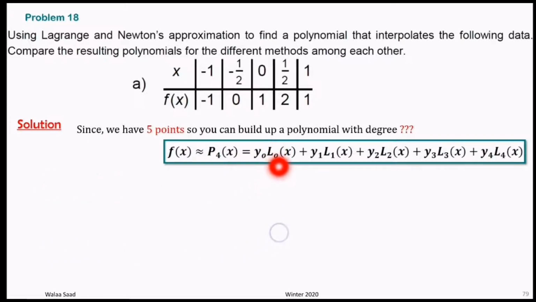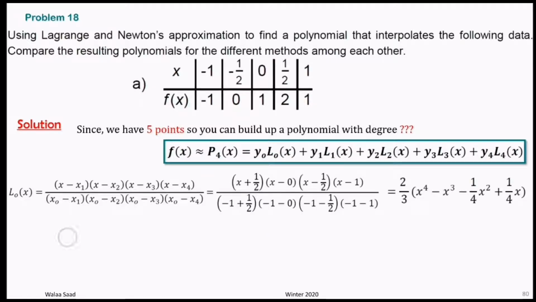So except x node, we will use x minus x1, x minus x2, x minus x3, x minus x4, and in the denominator we will use only x node and subtract all the other x values from it in the product like this, and then we substitute the x naught through x4 values, keeping the x of course in the brackets, and then we multiply the brackets in the numerator and the denominator. Usually the denominator brackets construct a constant, and the numerator brackets construct the polynomial.